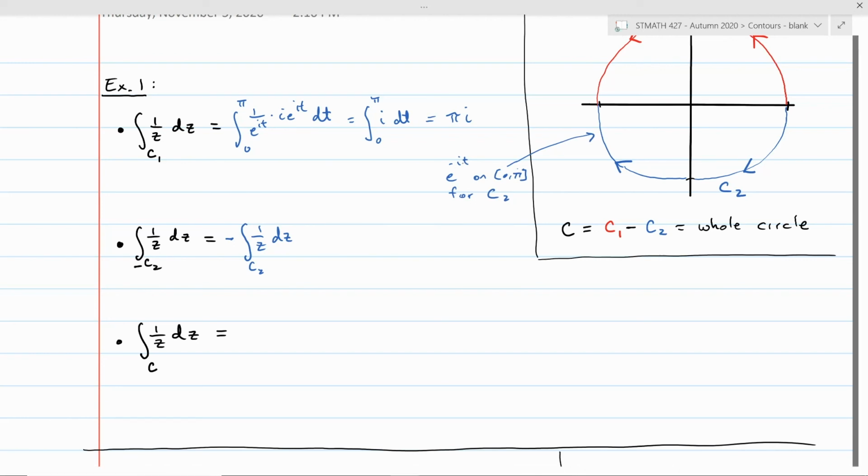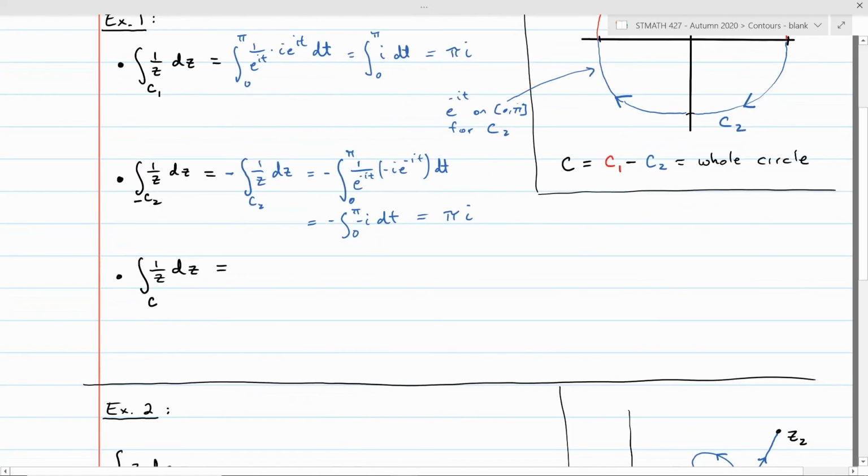So now this would be negative integral 0 to pi, and then along this curve C2, z is equal to e to the negative it, and dz is equal to negative i e to the negative it dt, which is equal to negative integral 0 to pi of, those e to the negative it's cancel, and you get negative i dt. So the two negatives cancel each other off, and this will just equal pi times i.